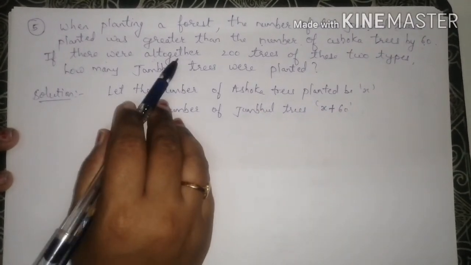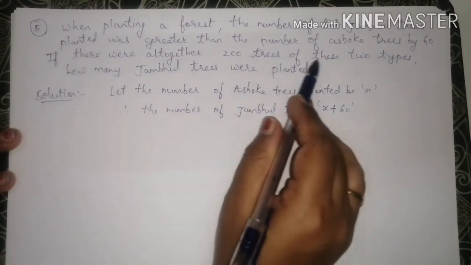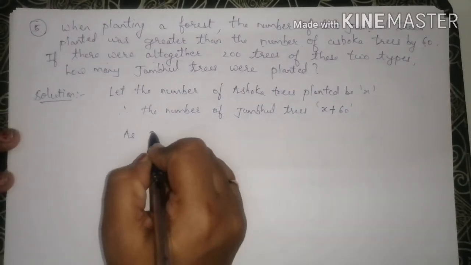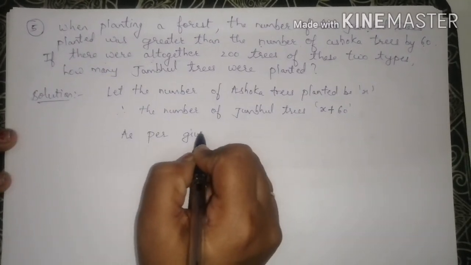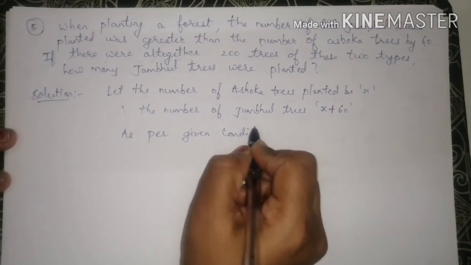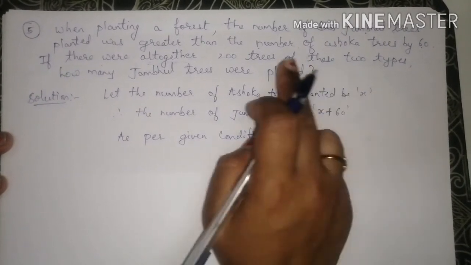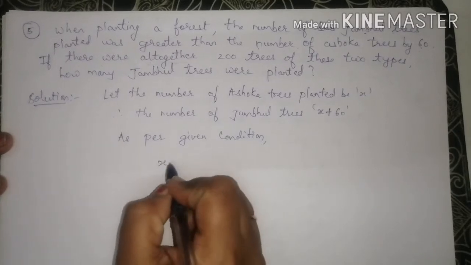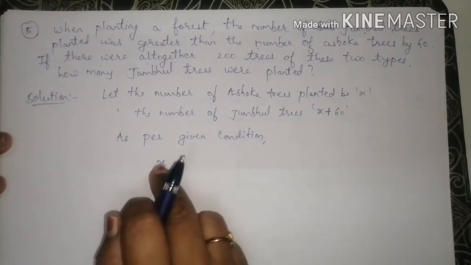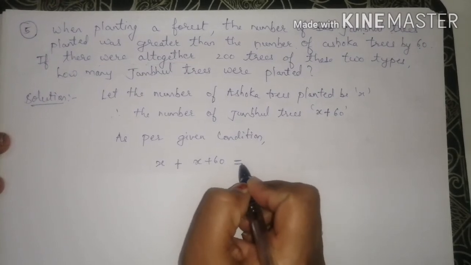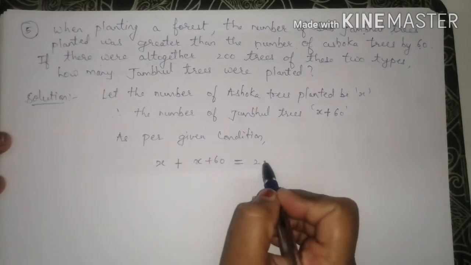Now what is the next condition given? That together they are how many of these two types? 200. So as per the given condition, if we take the total of these trees, it is 200. So x Ashoka trees, jambul trees x plus 60, is equal to the total of them, 200.